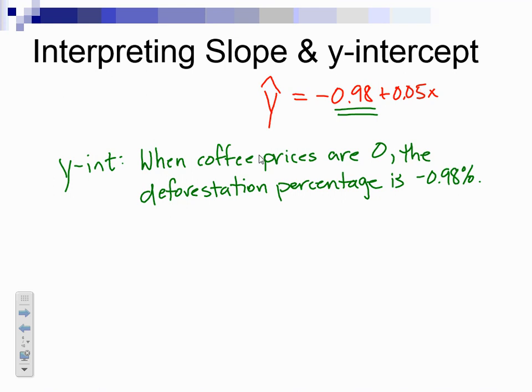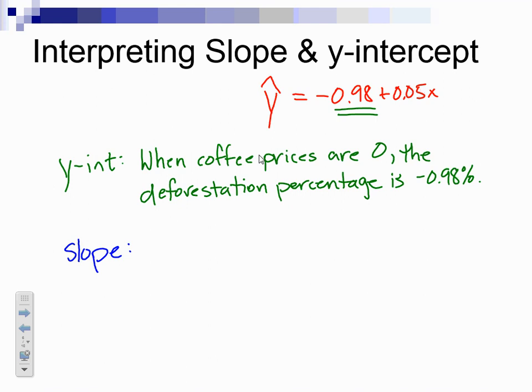Now let's interpret the slope in context. So remember, slope is change in y over change in x. Again, y is representing the deforestation percentage. X in this problem is representing coffee prices.